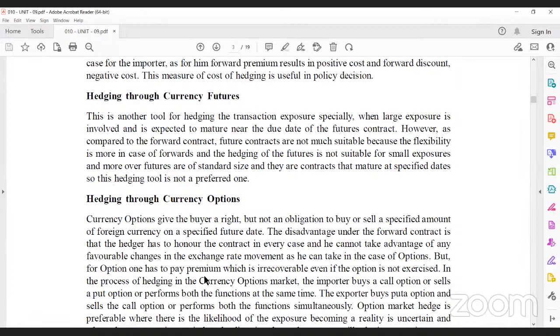Number 2, near to the date of the futures contracts. In other cases, flexibility is more in forwards and hedging with futures is not suitable, as futures are more or less of standard size and contracts mature at a specified date. This technique of hedging is not preferred in such cases.